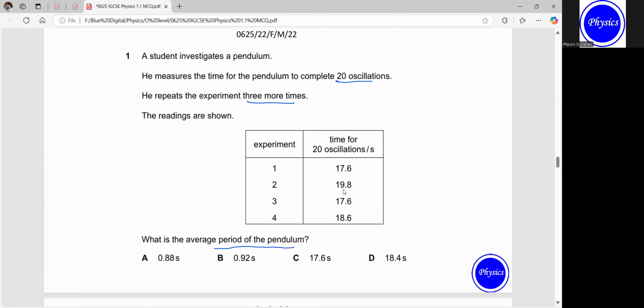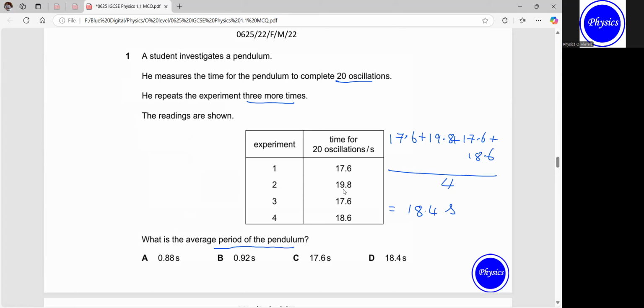If you find the average of the 20 oscillations, it's 17.6 plus 19.8 plus 17.6 plus 18.6 divided by 4. That gives you 18.4 seconds.